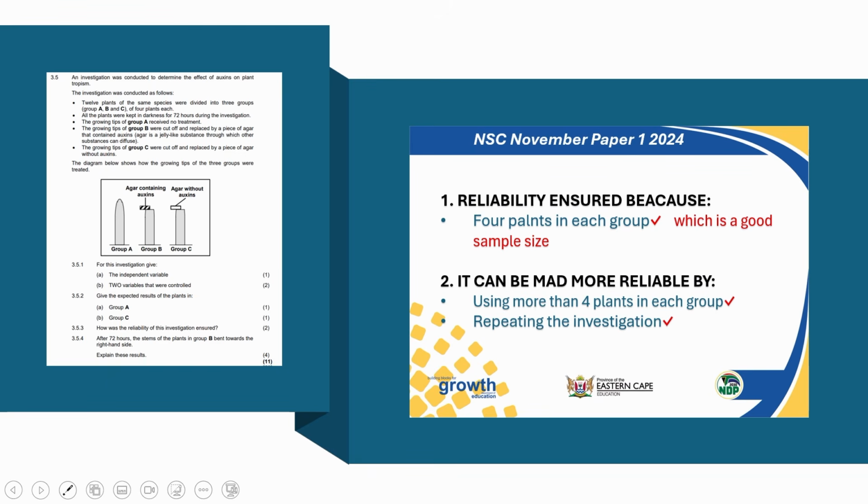Now notice I did not say use a large sample size because I need to be specific to this investigation. So if they used 4 plants in each group for this investigation, then they must use more than 4 plants if they want to make it more reliable. Also, I can repeat this investigation to make it more reliable.